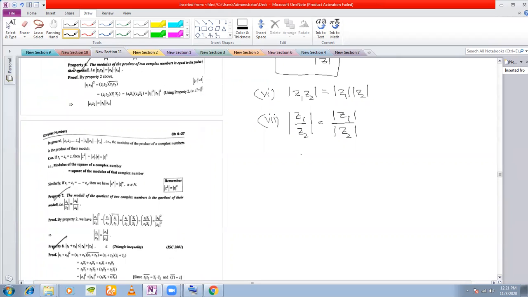So one deduction from here is that if z1, z2 are complex numbers, you can extend this to n number of complex numbers.